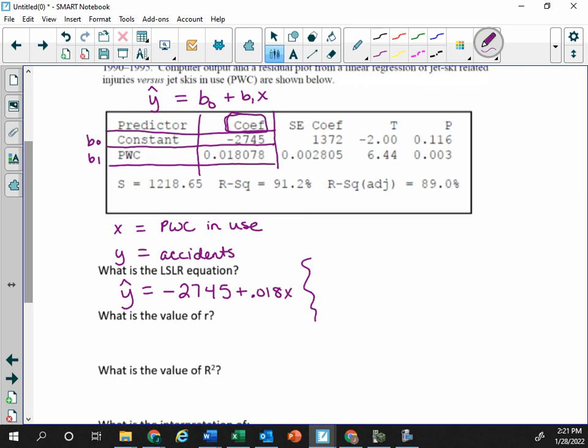Now, sometimes you're going to need to write this with the context of what we're talking about, not just x's and y's. If you take the time to define the x and y, you don't have to. If you don't define it, then you're going to want to write your equation in words. So you're going to want to say predicted personal watercraft accidents, that's what y hat is, equals negative 2,745 plus 0.018 times personal watercraft in use.